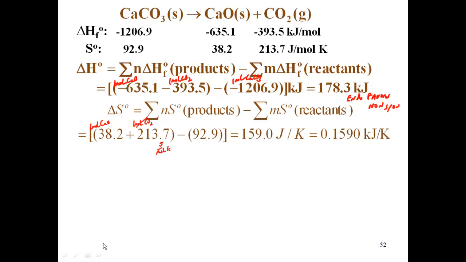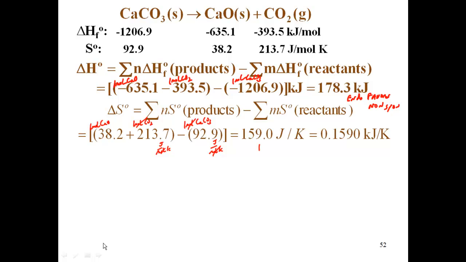So my moles cancel. Minus that of my reactants, in this case 1 mole of calcium carbonate times 92.9 joules per mole Kelvin. So my moles of calcium carbonate cancel out. Add that up, I come up with 159.0 joules per Kelvin.